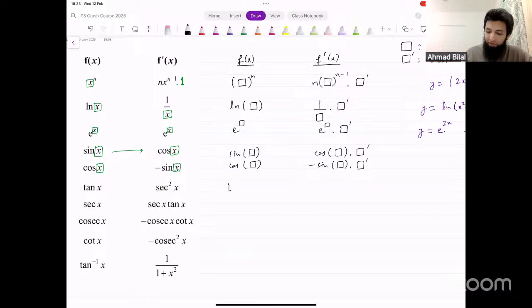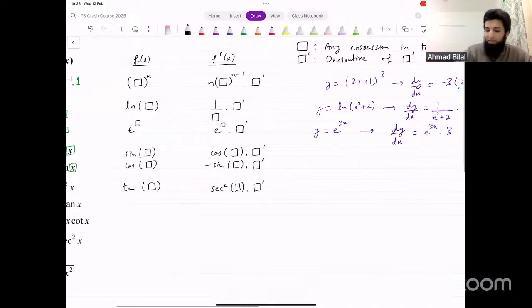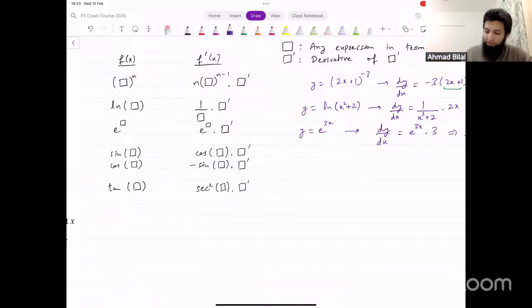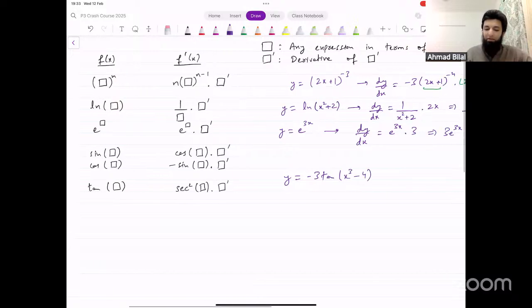So if you have tan of anything, the derivative of that is secant square of that multiplied by the derivative of that thing. Let's take an example of tan. If you had y equals minus 3 tan of x cubed minus 4, what would be the derivative of that?